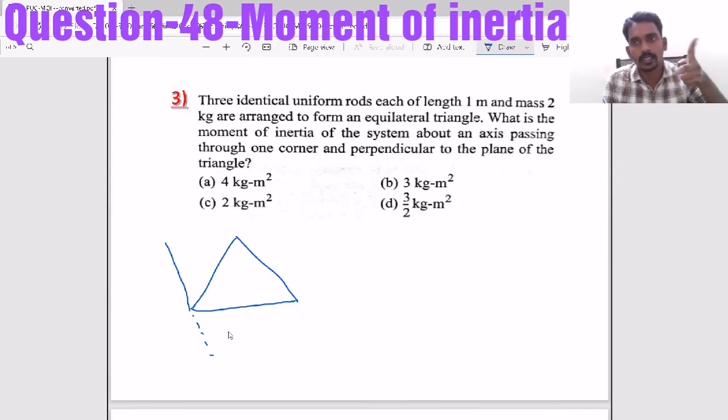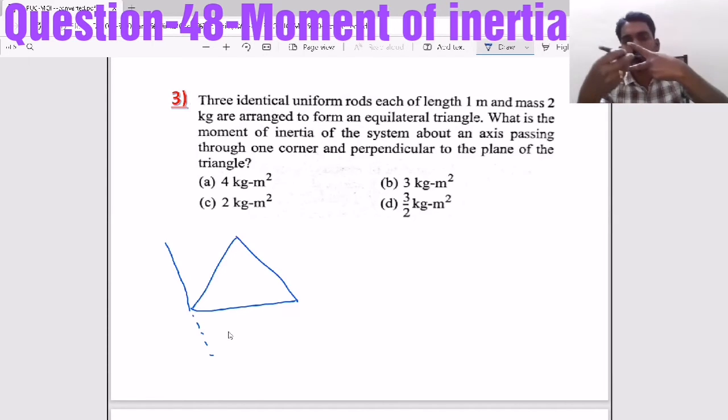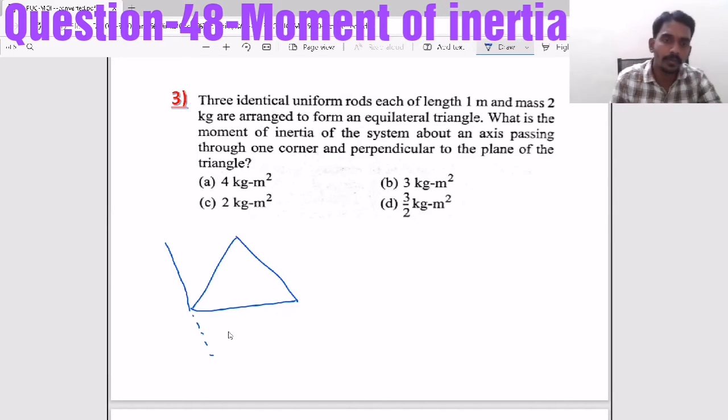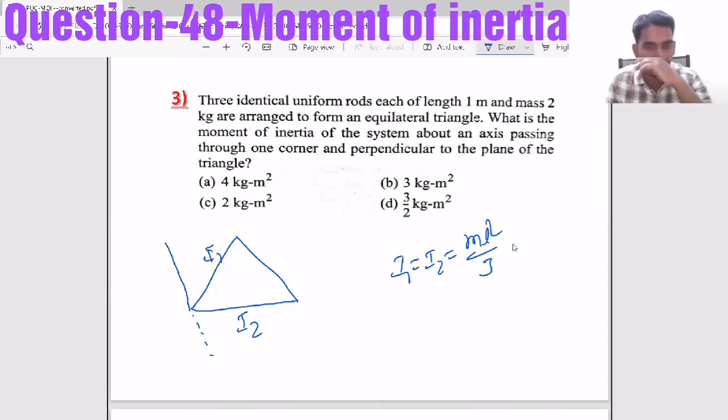When you consider the joint where I have drawn the line, the axis is perpendicular to both the rods, passing through the edge and perpendicular to both the lengths. If you consider one rod with moment of inertia I1 and another rod with moment of inertia I2, I1 and I2 are both the same, that is ml square by 3. Both are the same. But the remaining one, see, the remaining one is here.